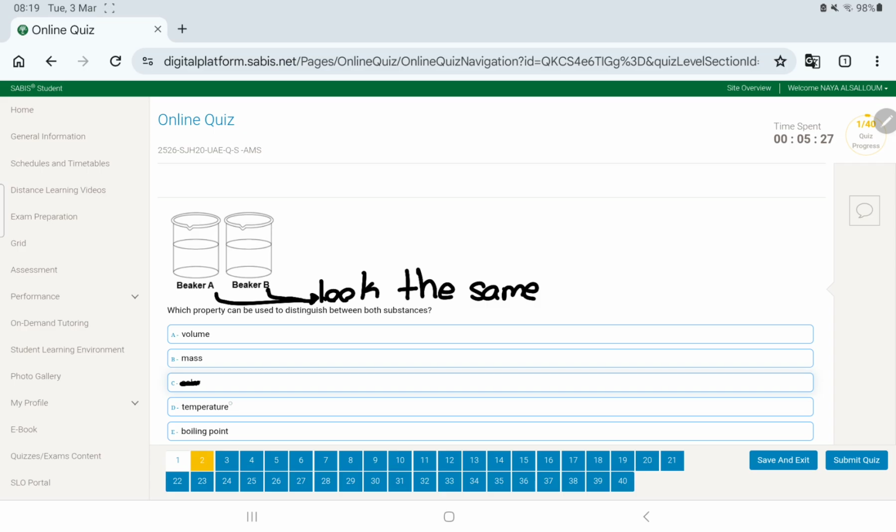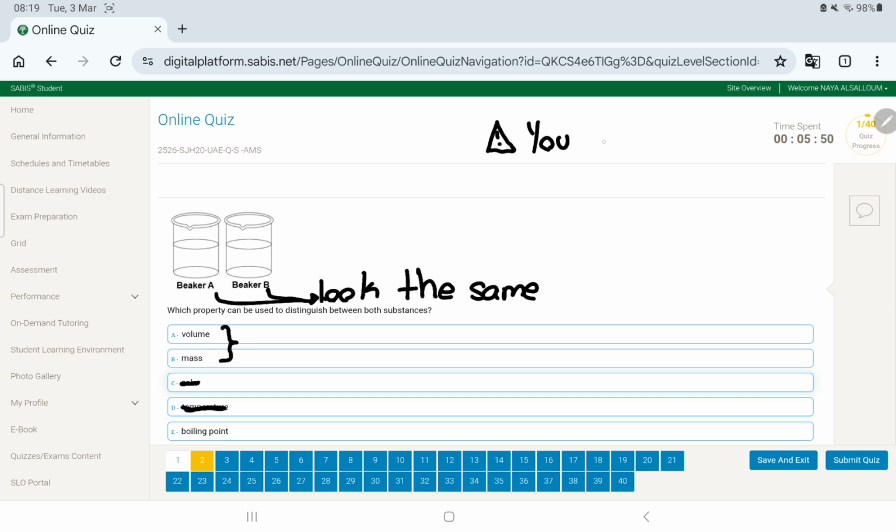Next, temperature. Can you do it using temperature? What if beaker A and B were placed in the same temperature? How can you tell the difference? You can't. And also, guys, mass and volume. Let me tell you something important here.